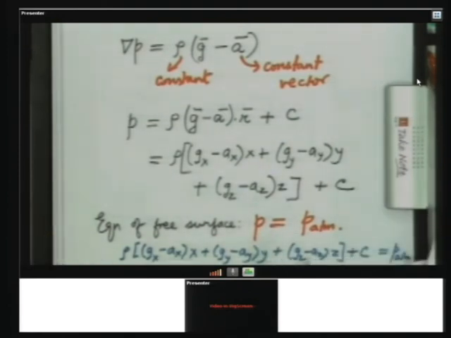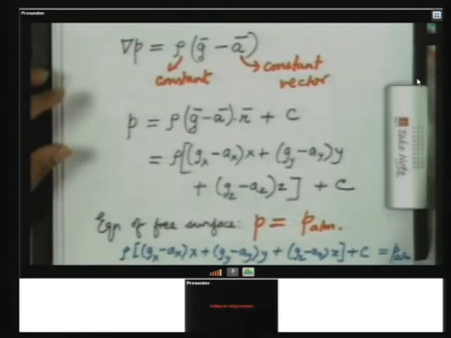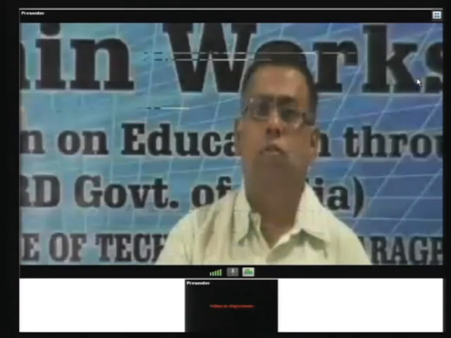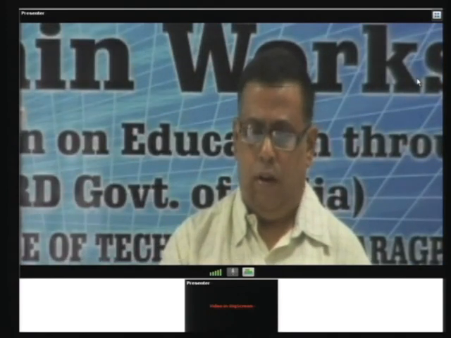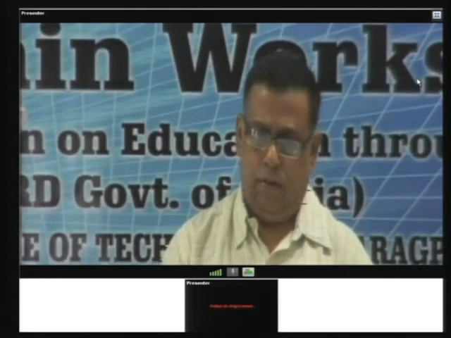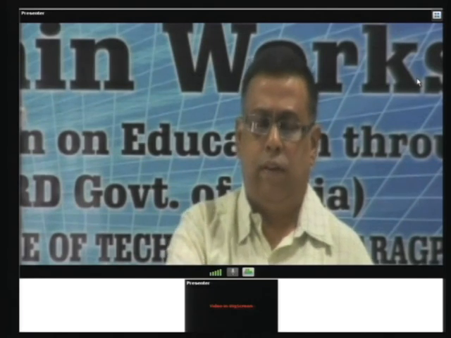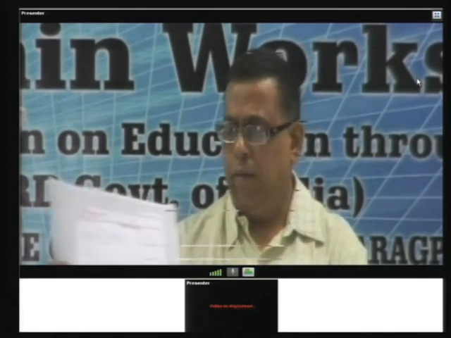This is the equation of the free surface. So, you can use this to find out the equation of the free surface if you are asked to do so in a problem.